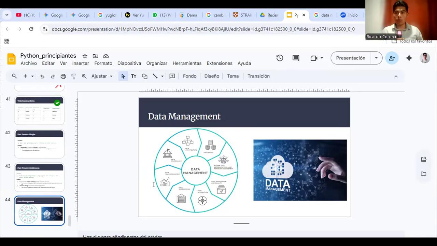This profile of the data management professional is so important because we need to use tools like SQL, Python, tools for data governance like SAP, it could be Databricks, Snowflake, Snowpark, Apache Spark, and other tools that each data management professional needs to know.